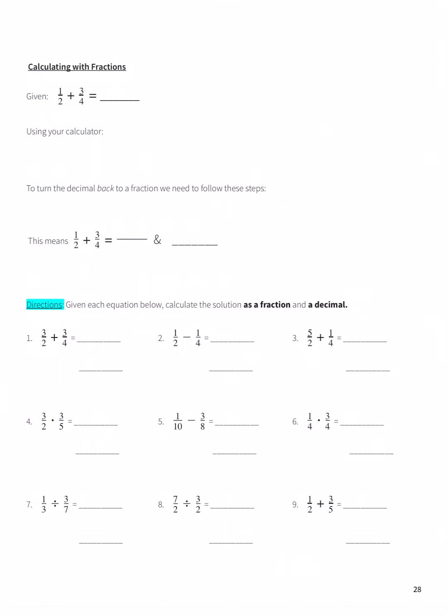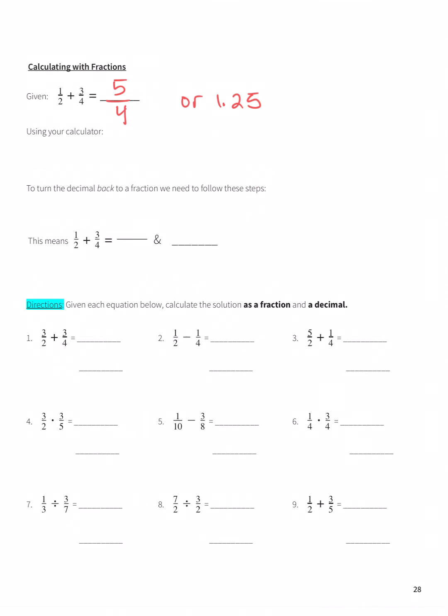If I type that into my fraction plus calculator, I'm going to get an answer of 5/4, or 1 and 1/4, or 1.25, okay? Using your fraction calculator, you should be able to get these two answers, 5/4 or 1.25, okay?